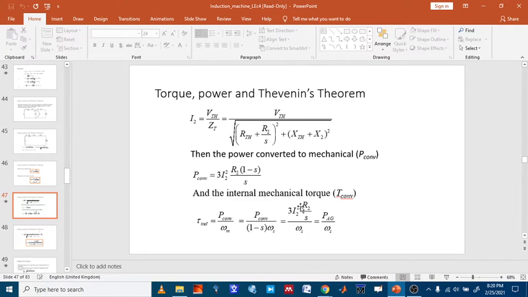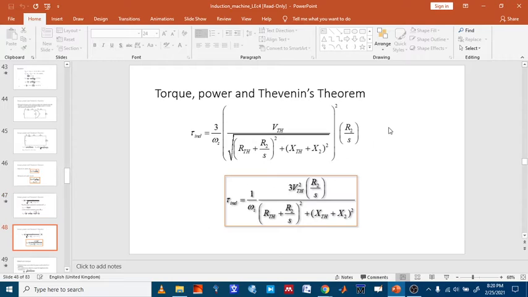Let's replace the I2 with this. So in generalized form, you want to get rid of the square root sign and the power of 2. 3 will multiply VTH square, and the square will get rid of the square root sign in the denominator.